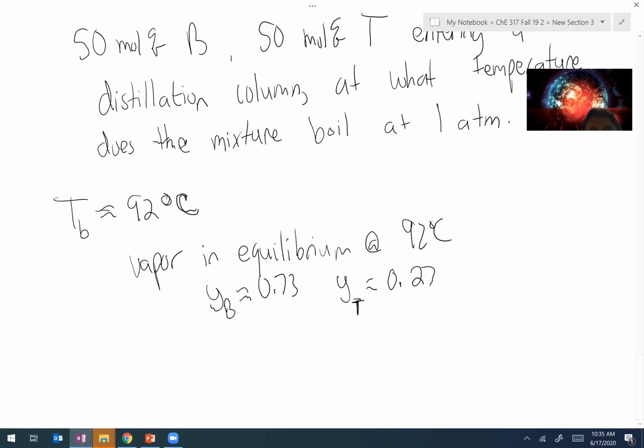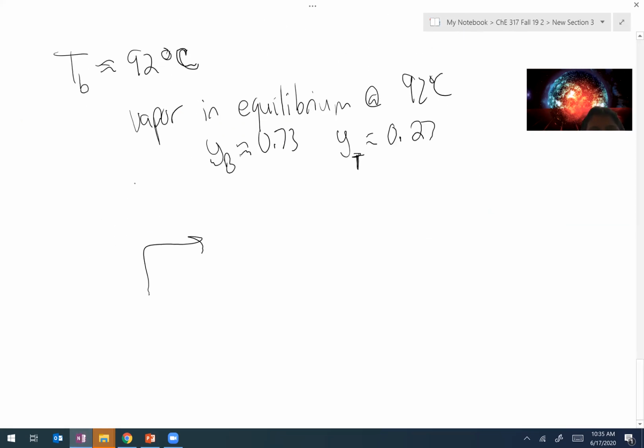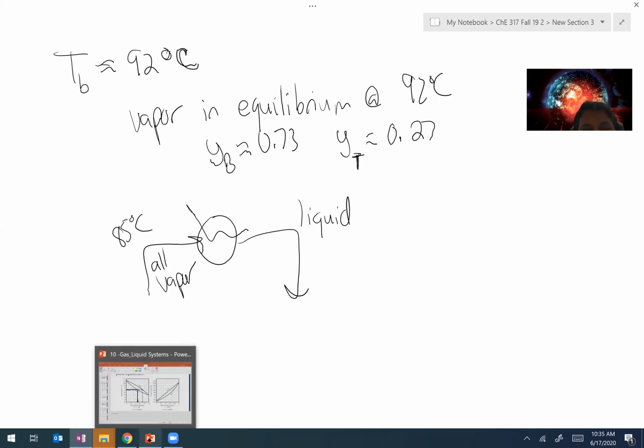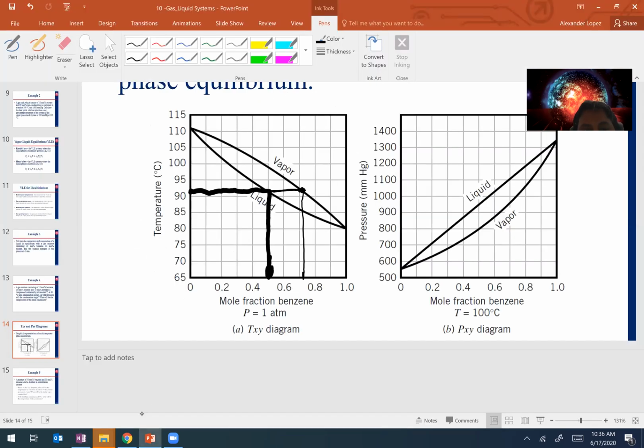Which means it comes in at 90. I've got a stream at the top leaving at 95. It's all vapor. And it's condensing to liquid. What would be the composition of that condensate? So what do you guys think?